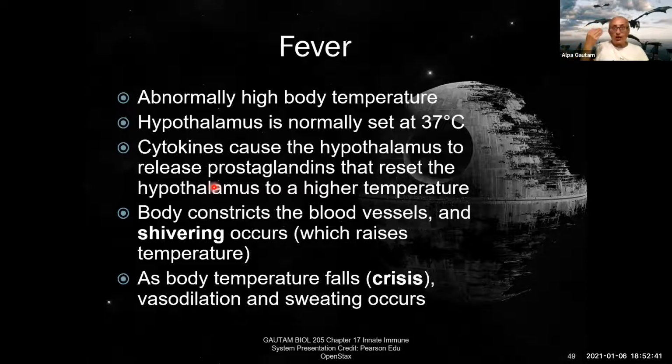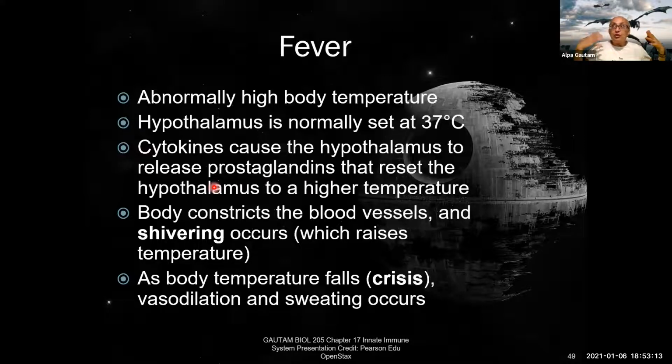So the question has to be, right, the body doesn't just do things, right? Everything is kept in check by the endocrine and the nervous system, right? So the hypothalamus is what sets this body temperature at its normal range. If your body were to get hot, right, what would be the response? Well, you start sweating and your body starts bringing down the body temperature. But why does fever exist? Why doesn't the body prevent the high temperature?